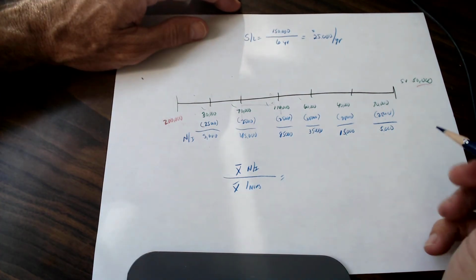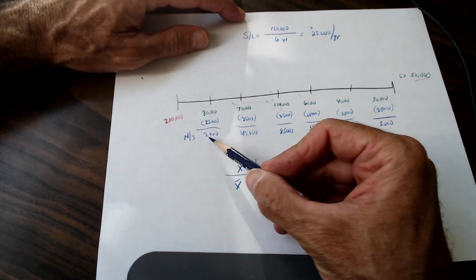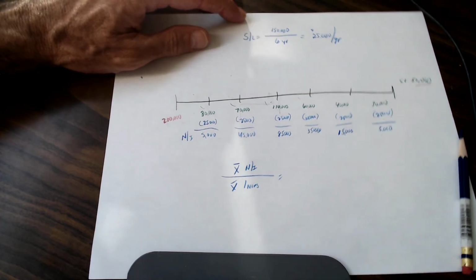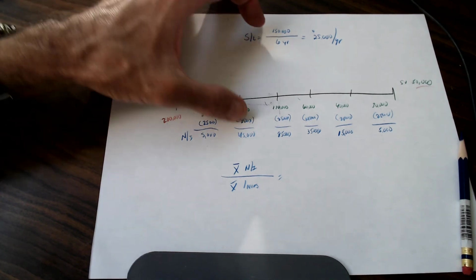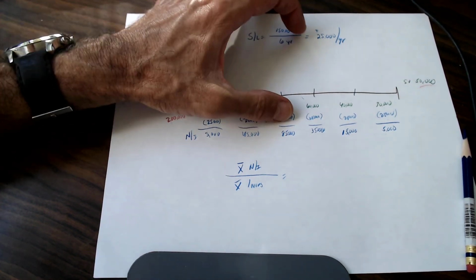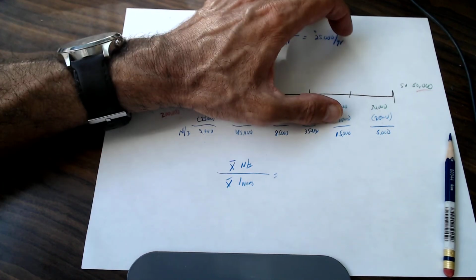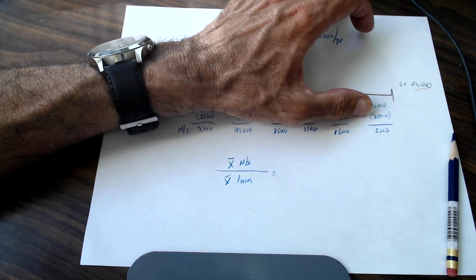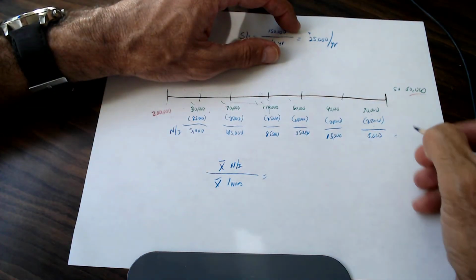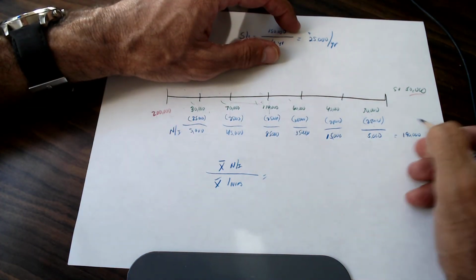Well, what's my average net income? Well, what's my total net income? Add them up. 5 plus 45 plus 85 plus 35 plus 15 plus 5. These all added up is 190,000.